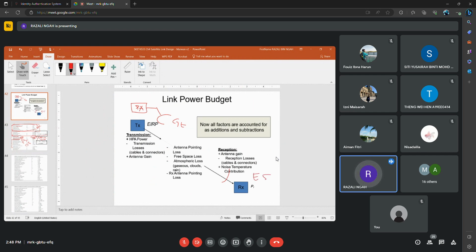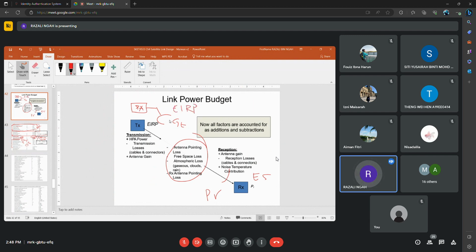So to determine the receive power, you need to consider all these losses. All these losses are after the transmitting antenna gain, so they are not related to EIRP.